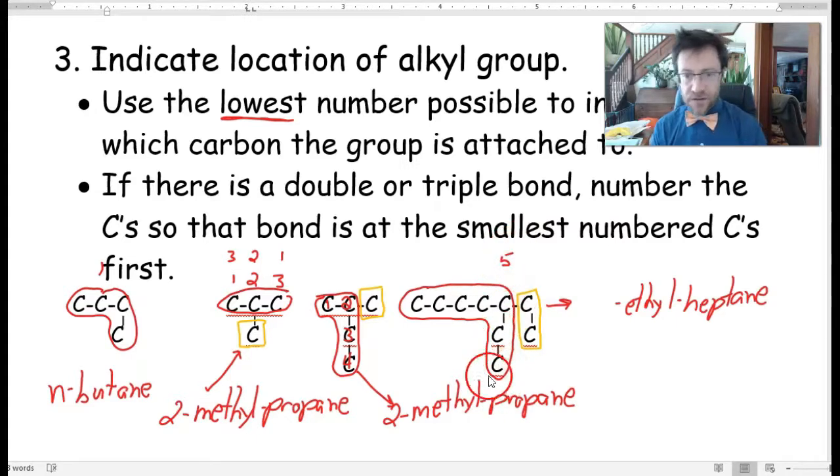The other option is if I started from this end, 1, 2, 3. Yeah, I'm going to go with that. 3-ethyl heptane. The who, the what, the where. Who? Heptane. What? Ethyl. Where? Third. Dig it? I hope you do.